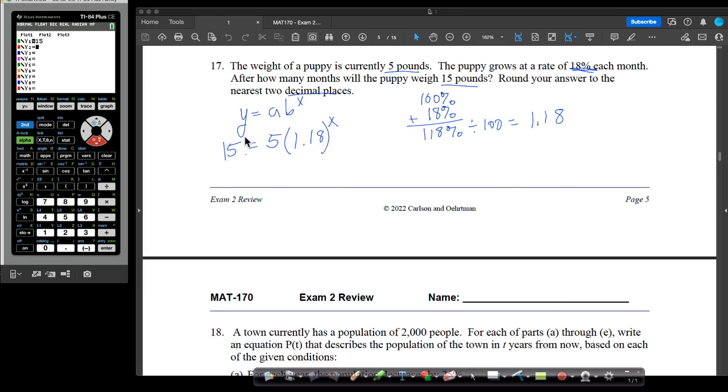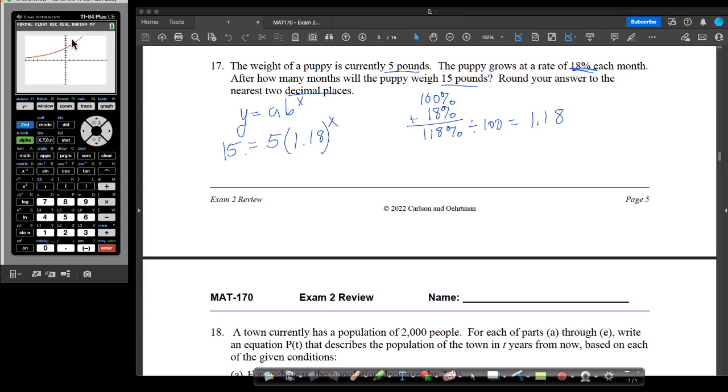And then I put in my function, 5 times 1.18 as the base, raised to the x power. Now, since the weight of the puppy is going from 5 to 15, I'm going to zoom standard, which remember gives me negative 10 to 10 in all directions.